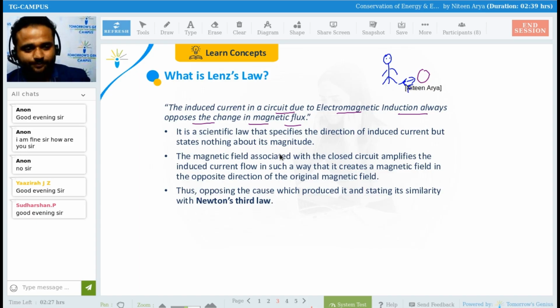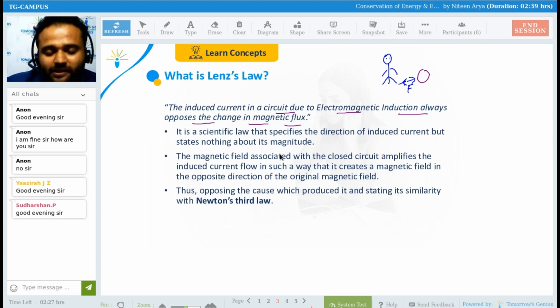So this effect is two-way. I mean, the reverse force is not applied on the same object. The main thing is this.